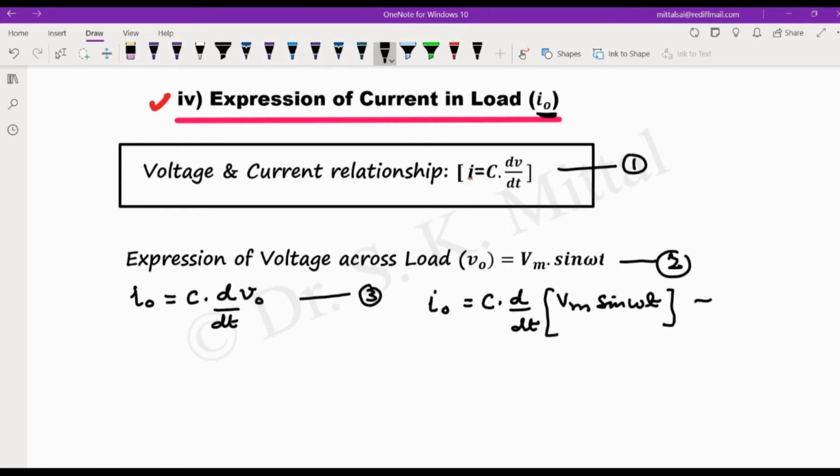So now we have obtained the expression for the output current.